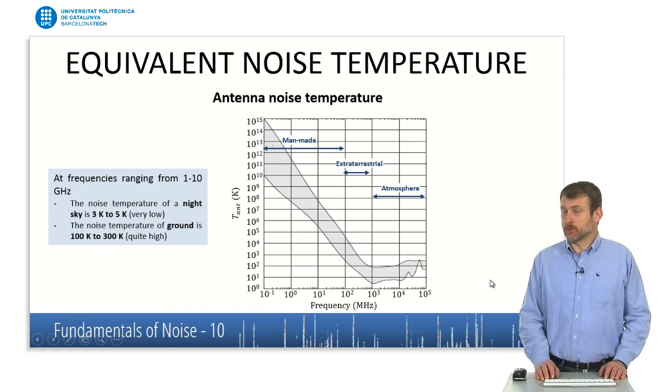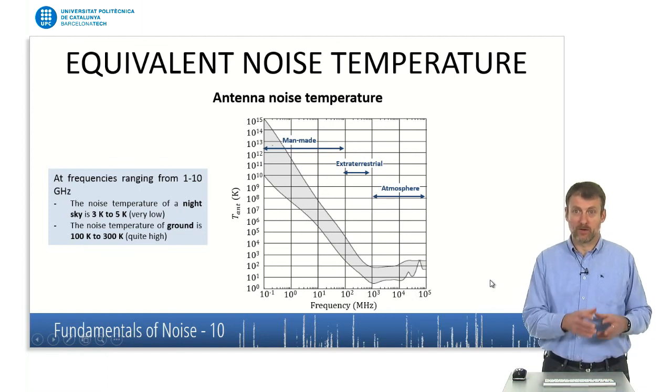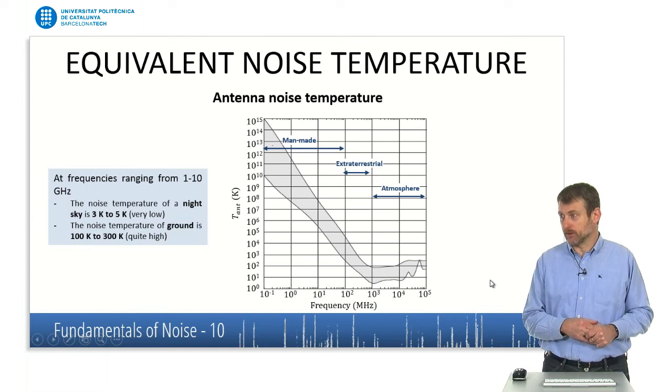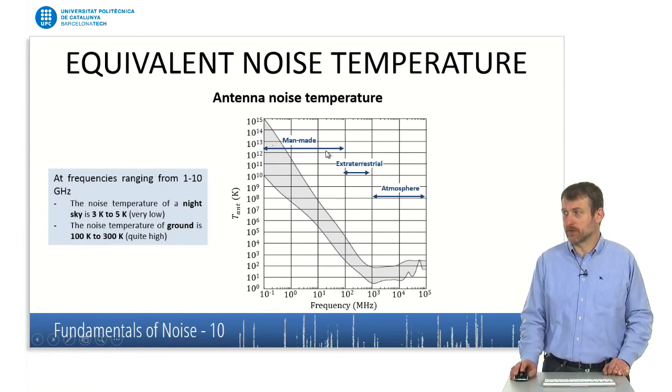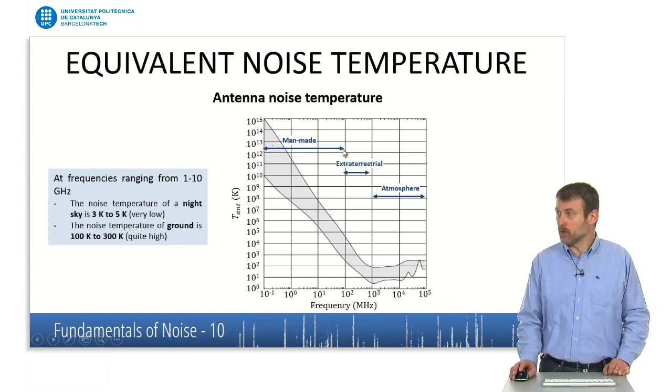Antenna noise temperature is very strongly dependent on frequency, right? Because the various sources of noise are very frequency dependent. At low enough frequency, the main contribution for antenna noise temperature is man-made noise.